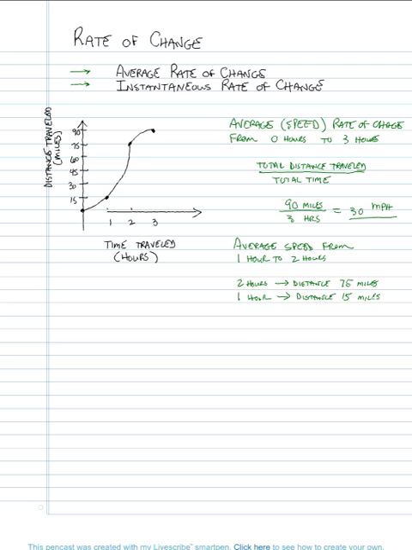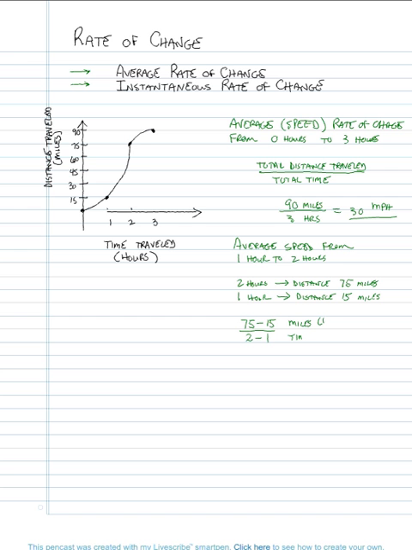So we would take 75, the greatest distance, and subtract the smallest distance. So this is going to be the distance traveled, the amount of miles traveled. And then we would calculate how long it took to travel that. From 1 hour to 2 hours, that difference in time would be the total amount of time.